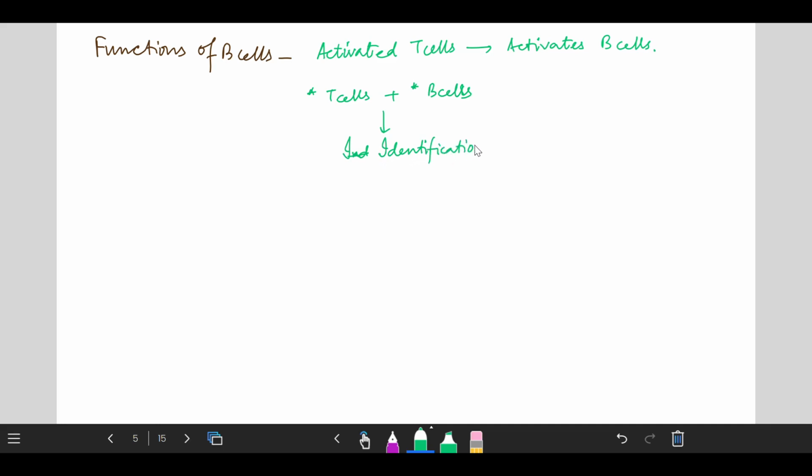After the identification of the germ, these activated B cells convert themselves to plasma cells. Now these plasma cells produce specific antibodies to destroy that specific antigen. Clear to you? And some of the B cells convert to memory cells and become part of memory.